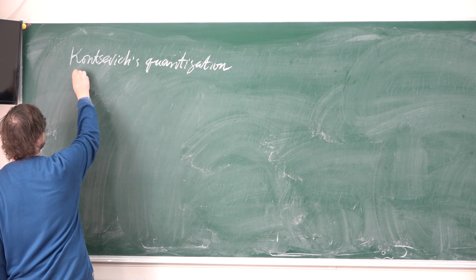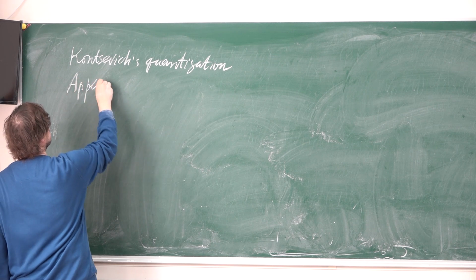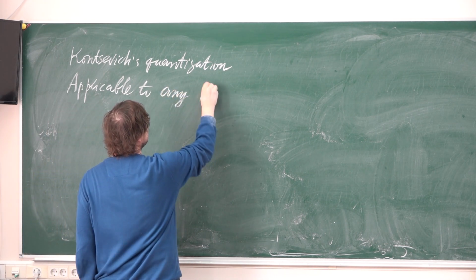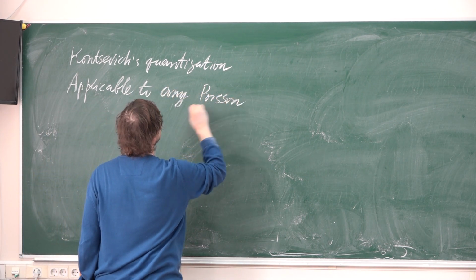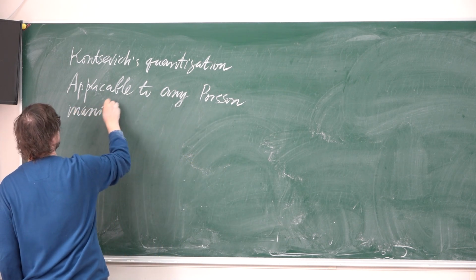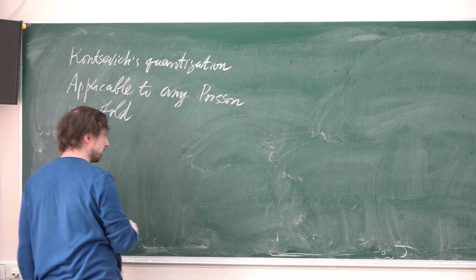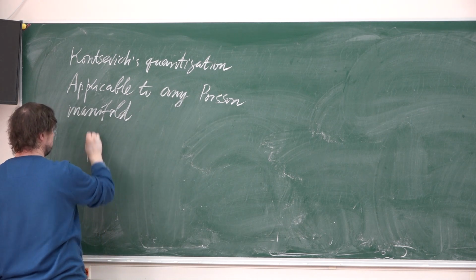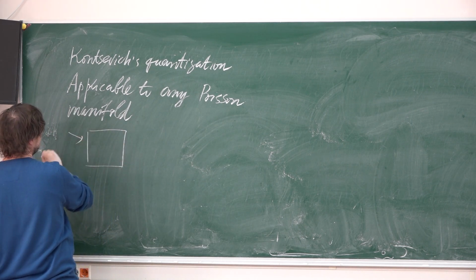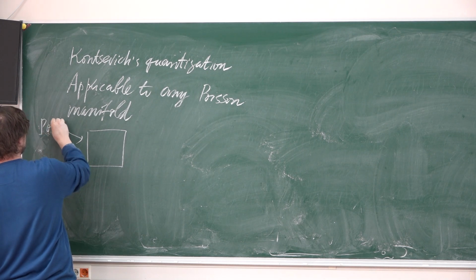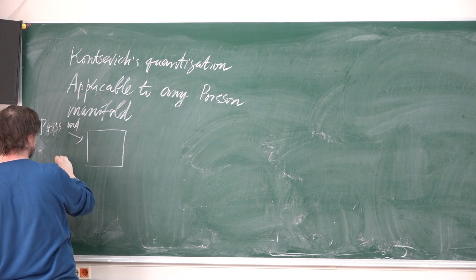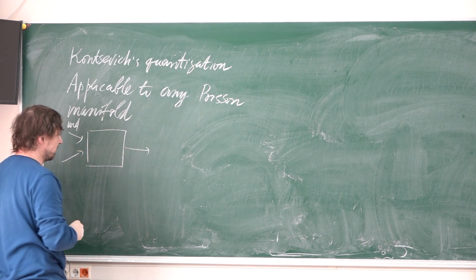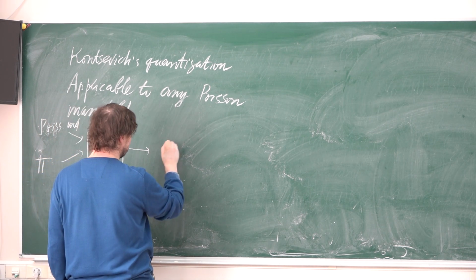It can be applied to any Poisson manifold and gives, so it's a kind of a black box into which you feed the Poisson manifold, the Poisson structure in it, the bivector, and which spits out the star product formula.